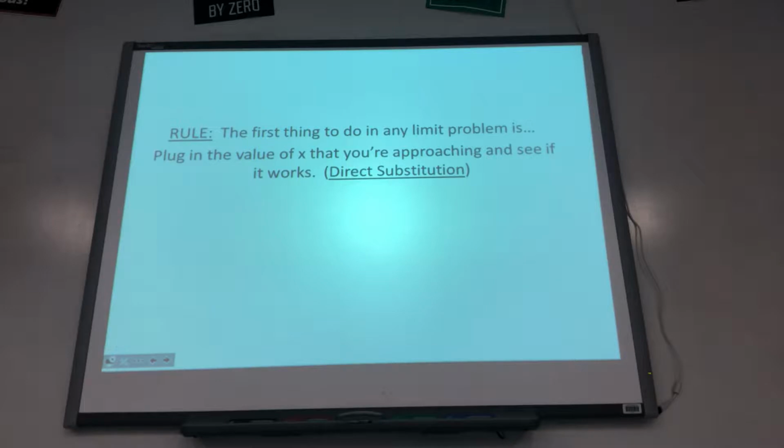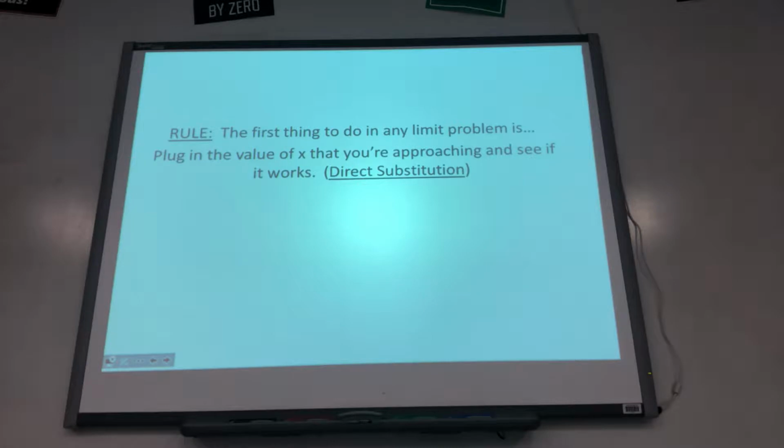But if you're just finding a limit in general, the first thing you should do is plug in the value of x that you're approaching and see if it works. All right, we'll run into some today that don't work using direct substitution, but this is, again, just always the first thing to do in any limit problem.